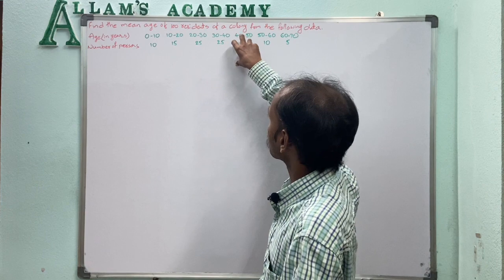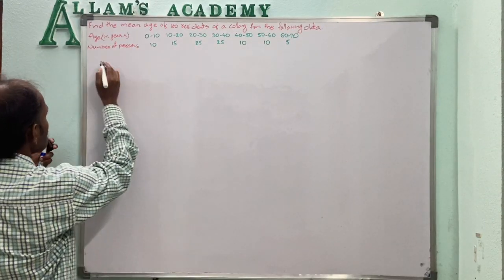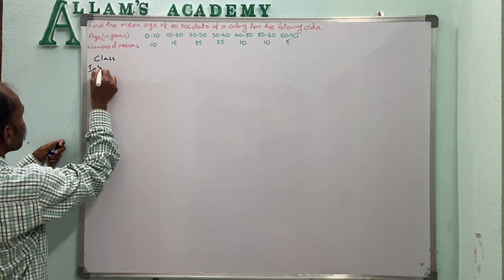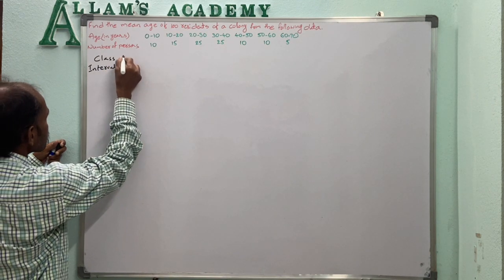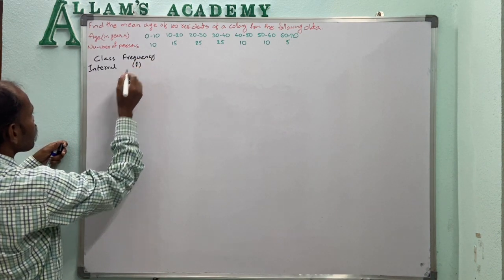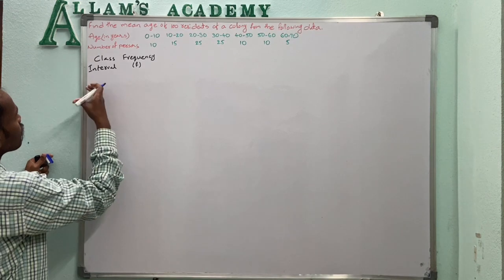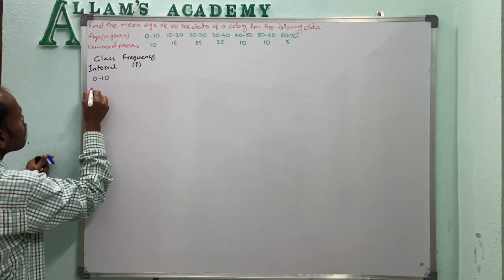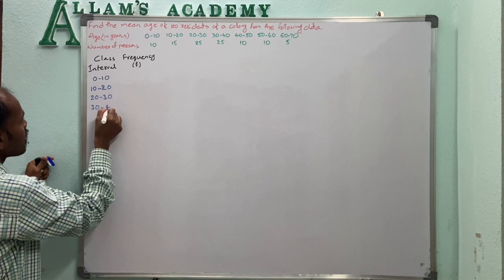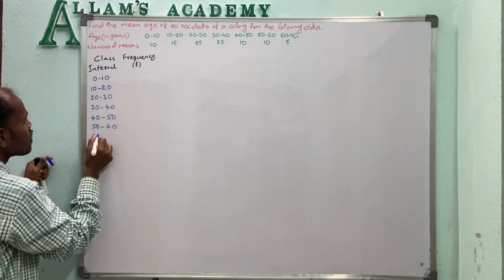Now we find the mean age of these 100 residents. For this, we write the class intervals and frequencies. The class intervals are 0 to 10, 10 to 20, 20 to 30, 30 to 40, 40 to 50, 50 to 60, 60 to 70 years.